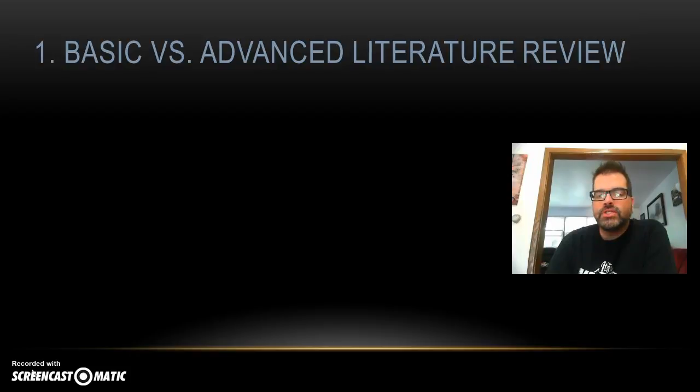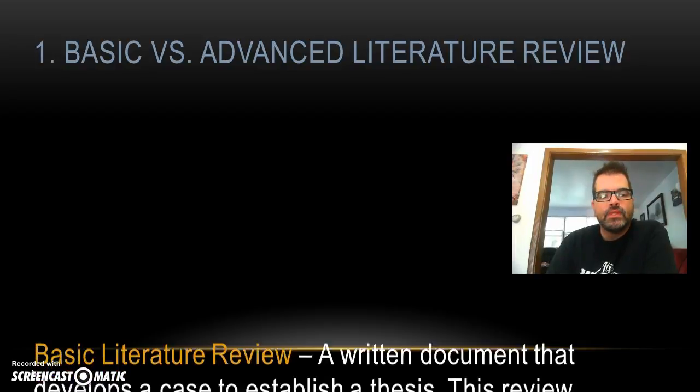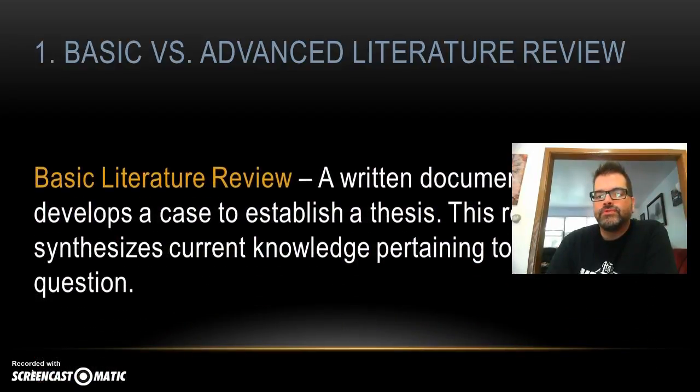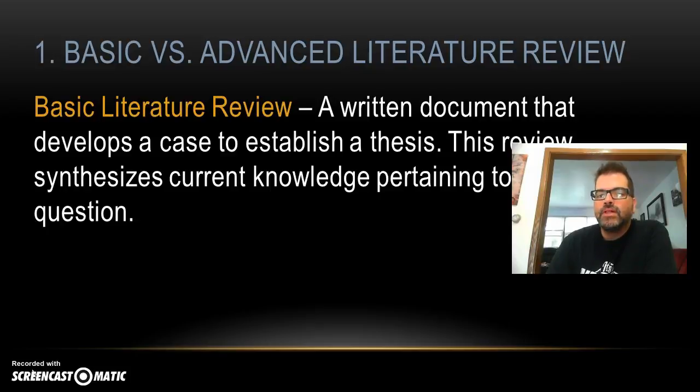So the first question is, what is the difference between a basic literature review versus an advanced literature review? A basic literature review is a written document. It develops a case to establish a thesis. This review synthesizes the current knowledge that's out there pertaining to this research question that you've developed.